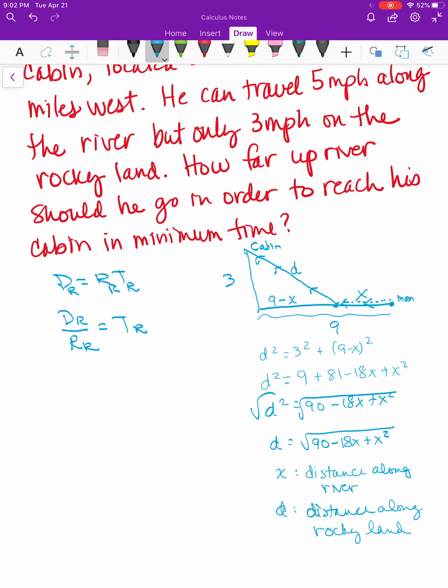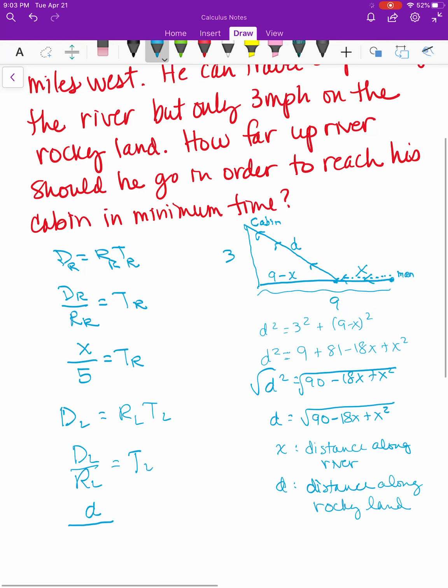And we all know that distance equals rate times time. So the distance along the river is the rate along the river times the time along the river. And if I want time, I'm going to take distance along the river and divide it by rate along the river. And that's going to give me my time. So the distance along the river we said was x, and the rate along the river is 5. So that's your time along the river.